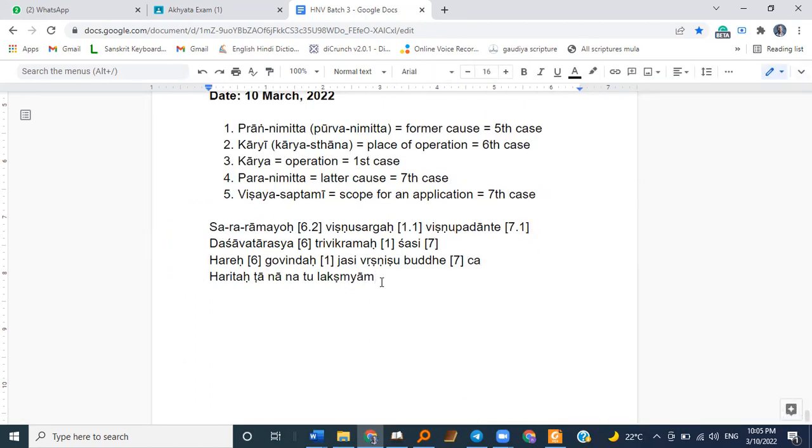Lakshmyam. So Haritaha here is fifth case. And Ta-na. So this ta is actually sixth case, and even Jiva Goswami tells in the Vritti why he kept it like ta and not taha, because ideally it should be taha, right?